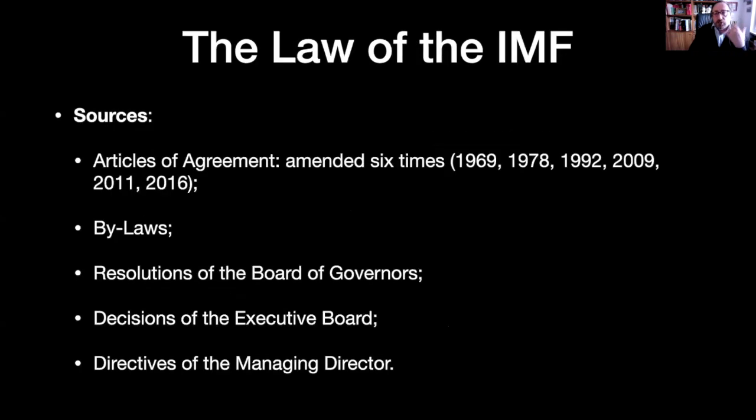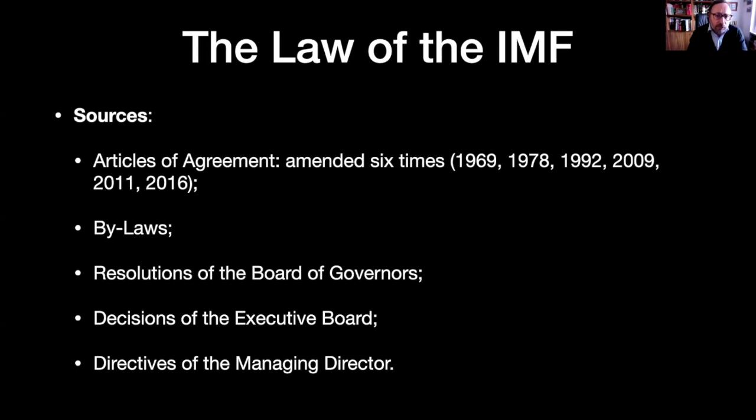Okay, so the sources of law for the IMF are, the main law is the Articles of Agreement, the founding treaty. It has been amended several times, as you can see. Then you have the bylaws that were also adopted together with the Articles of Agreement. And then you have a number of unilateral acts of the IMF, acts of the organs of the IMF.